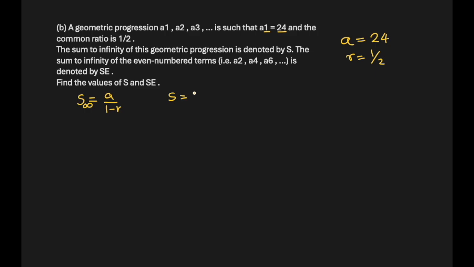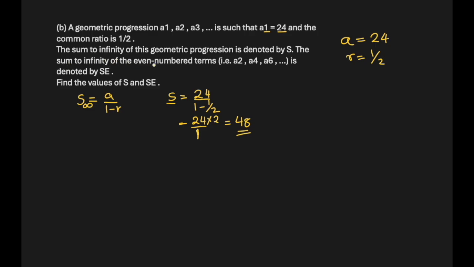So we'll let S equal the first term, 24, over 1 minus half, which is 24 divided by half. I will write 1 only here and multiply 2 up there, so 48. So S comes out to be 48. Okay. Next one.